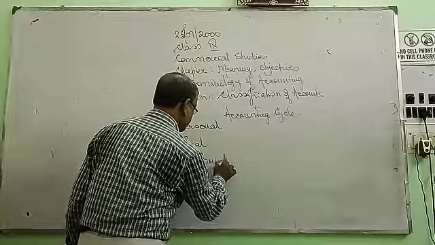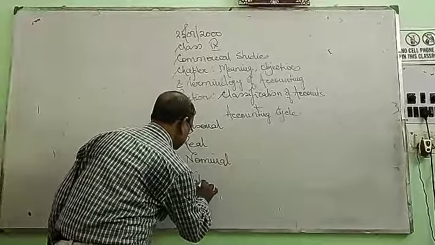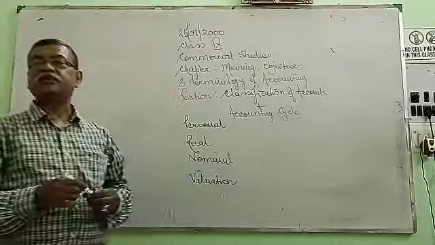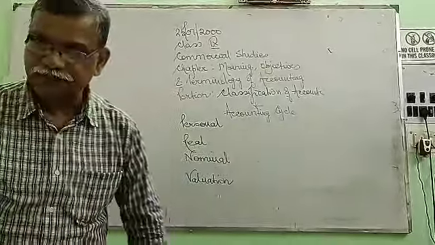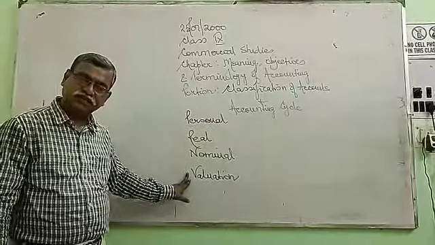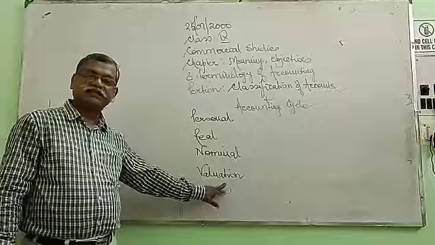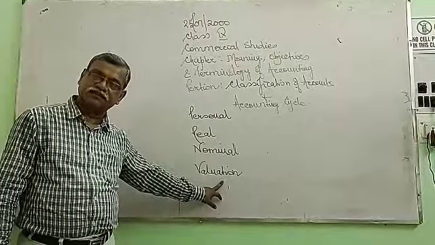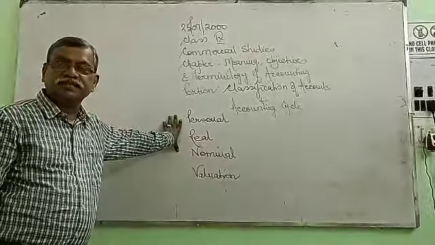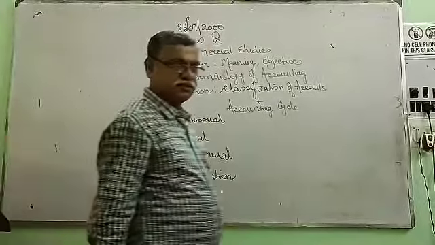The third is known as nominal account. And the fourth is known as valuation account. This particular account I will not discuss over here. I will discuss it in class 11. Broadly, these three are the classifications.